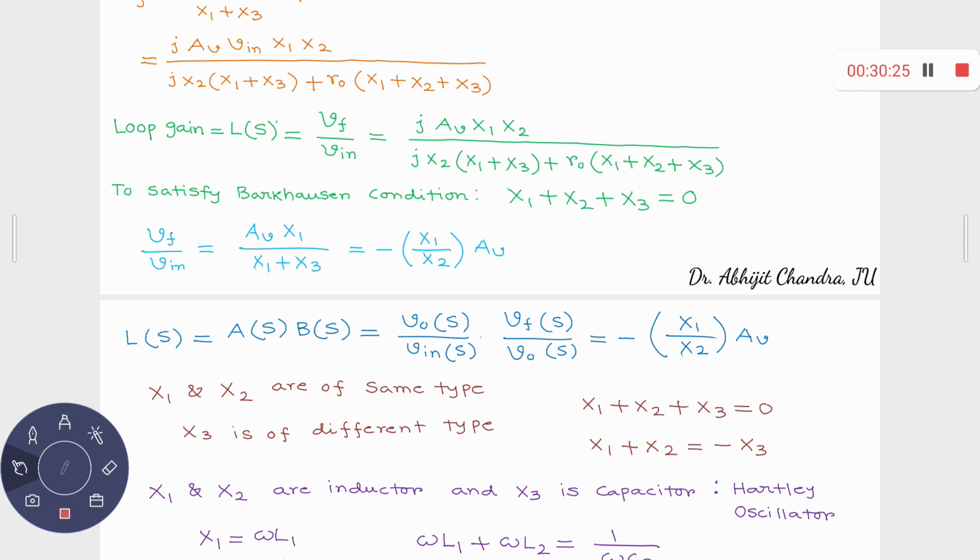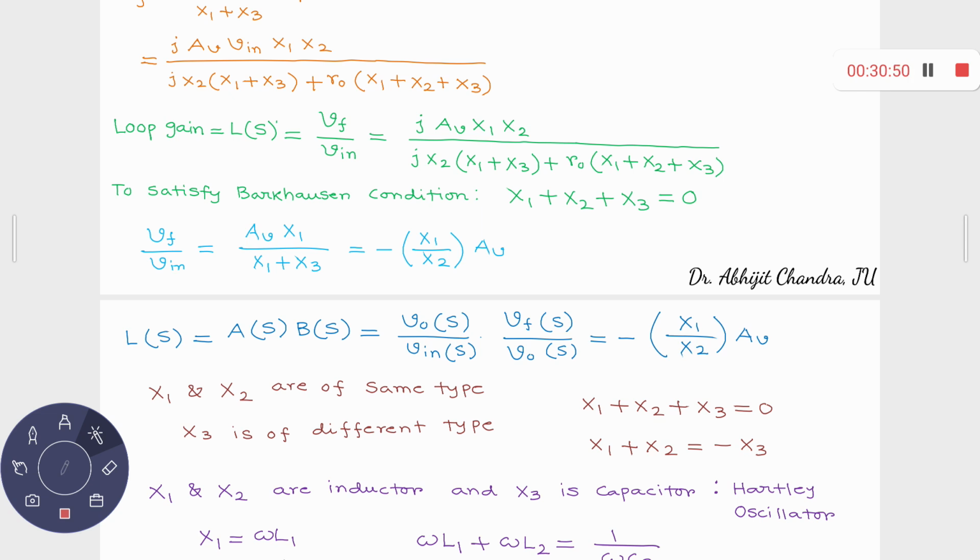Now how can you ensure that x1 plus x2 plus x3 is equal to 0? The condition is that to satisfy the Barkhausen condition, x1 plus x2 plus x3 is equal to 0. Right? This is quite obvious. Now, had this been the case, then what is your V upon V?